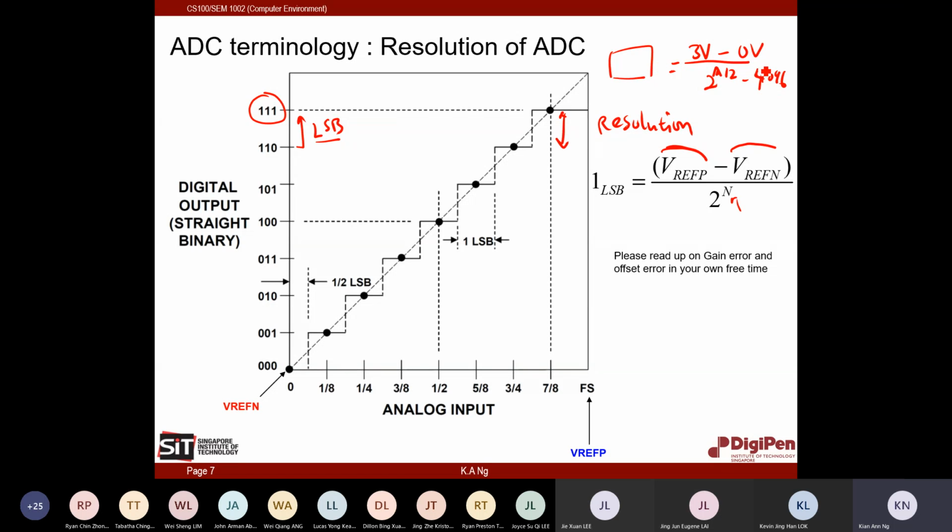If you do digital circuits long enough, you'll realize these are numbers that you can read offhand. So this is close to 200 microvolts resolution, enough to receive radio already. This is how small your resolution can be.